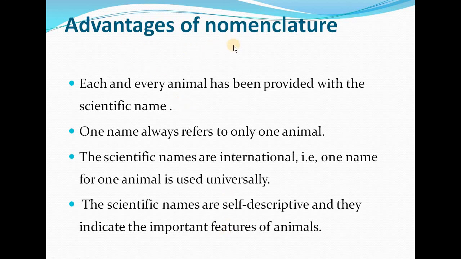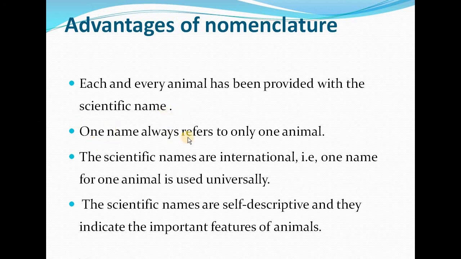Advantages of binomial nomenclature. Certain advantages are there if we use binomial nomenclature, which are as follows. Each and every name of animal has been provided with the scientific name. Every organism will have a scientific name.